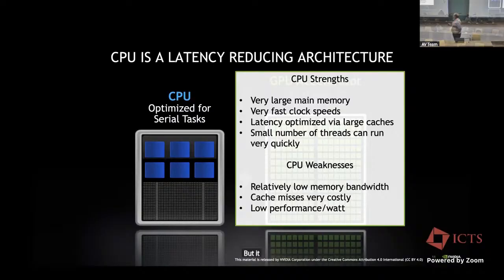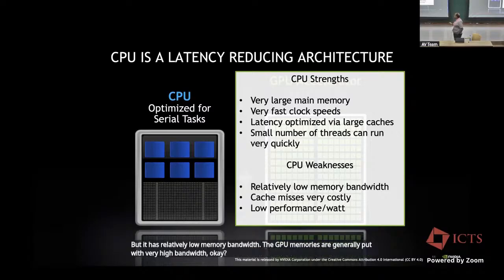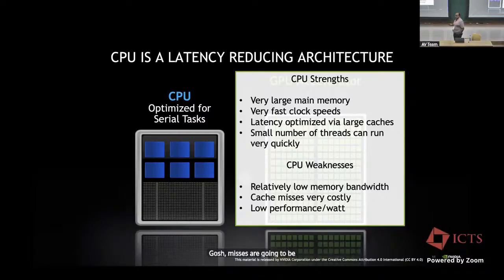But it has relatively low memory bandwidth. GPU memories are generally put with very high bandwidth, okay? Cache misses are going to be costly compared to the clock cycle, and there is low performance per watt, because as the clock speed increases, the power consumption also increases, okay?